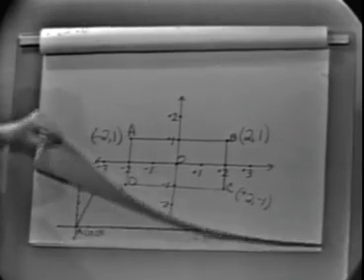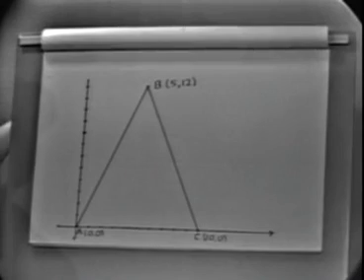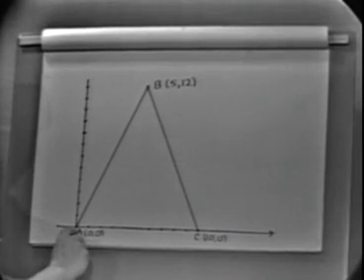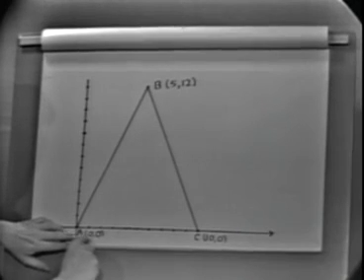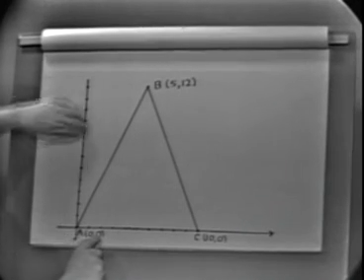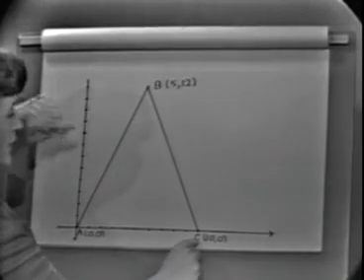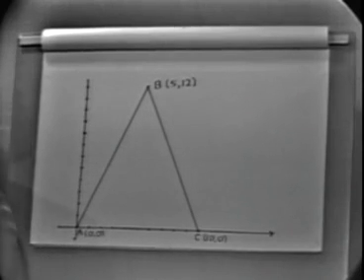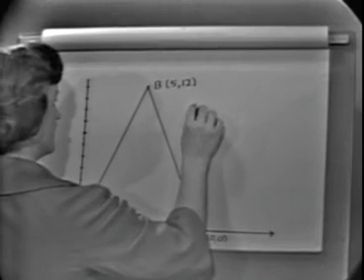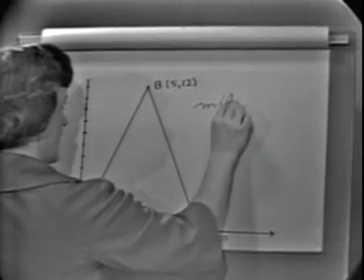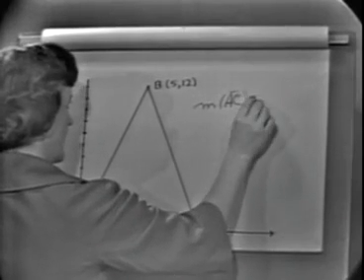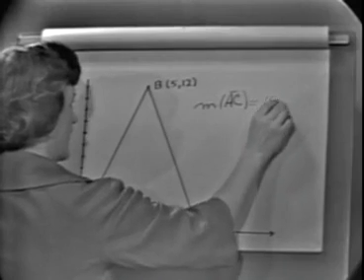Another familiar figure is a triangle. Let's consider this. A triangle ABC, whose coordinates of A, 0, 0, of B, 5, 12, of C, 10, 0. We can see the measure of segment AC is 10.